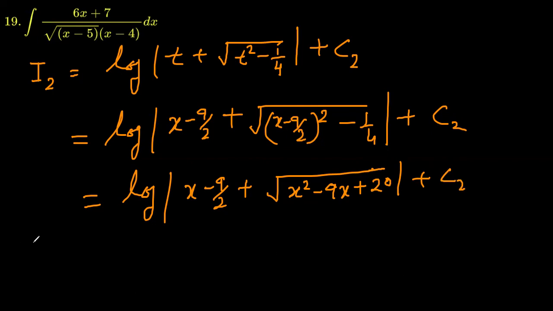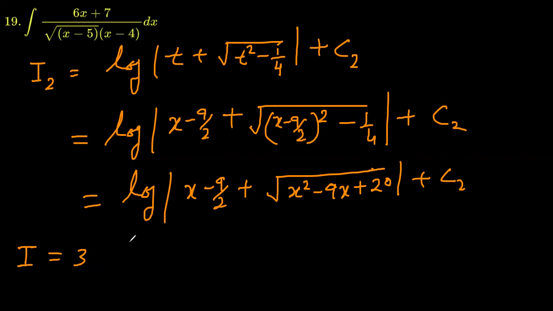And finally, we are asked I. And we know that I was actually 3I1 plus 34I2. So we are going to put the value of I1 and I2 in this.